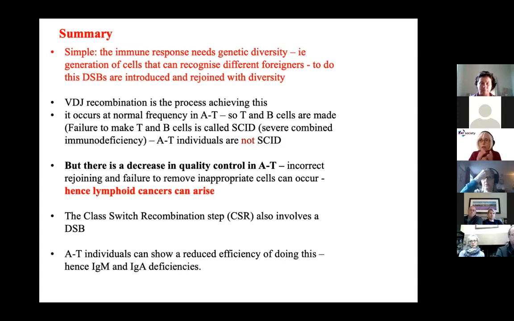You also fail to remove inappropriate cells that can arise during that process, and that can allow the proliferation of lymphoid cancers. There's a second step called class switch recombination, which I'm not going to go into in any detail. I don't think that's significant for cancer, but AT individuals can have a reduced efficiency of doing that, and that leads to the IgM and IgA deficiencies.